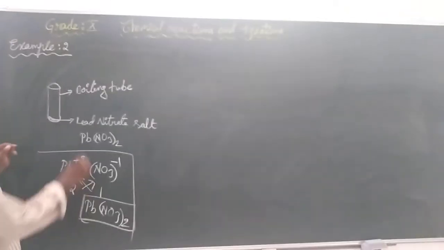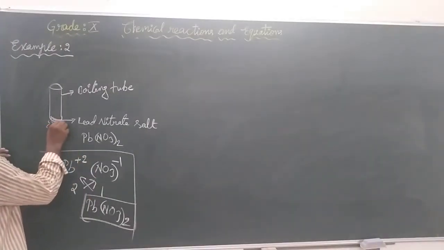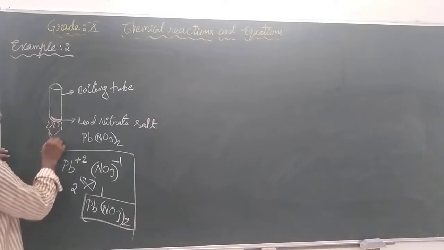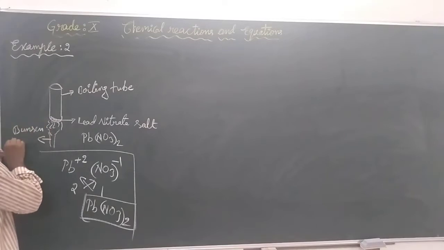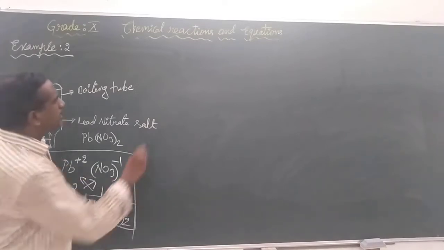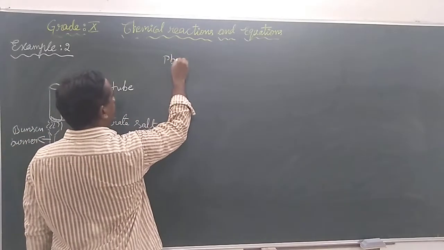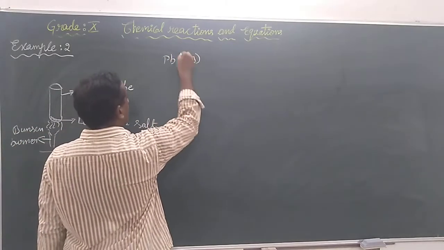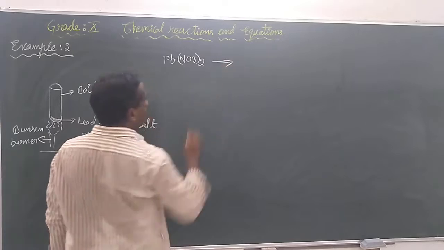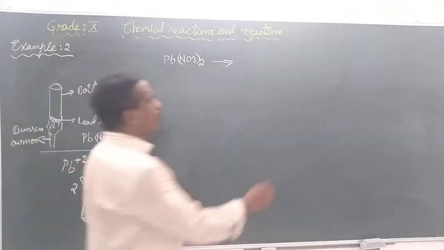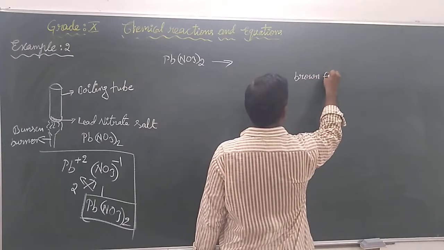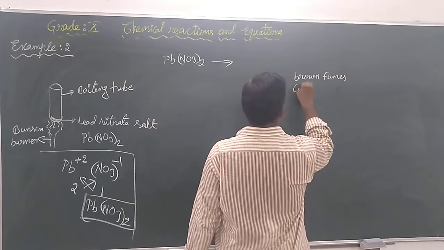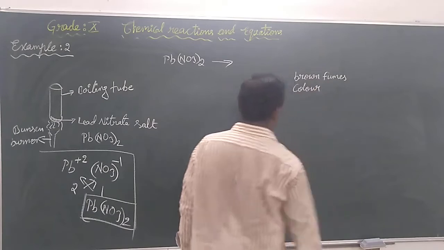Once we start heating this lead nitrate with the help of a burner, the Bunsen burner, this salt is also going to break down to give some products. In these products we are going to find some brown color fumes.